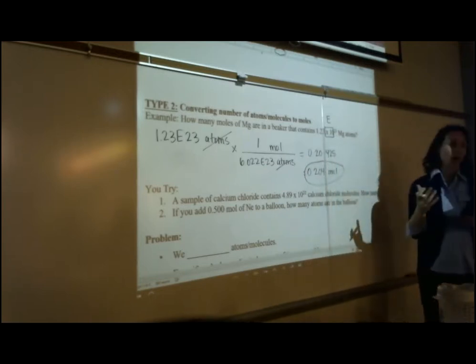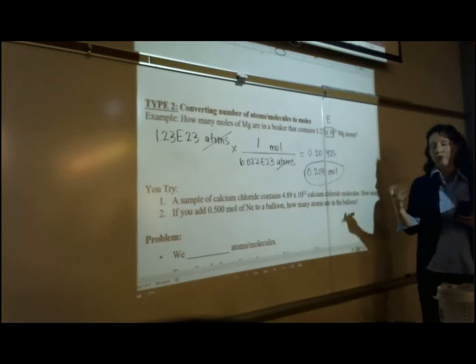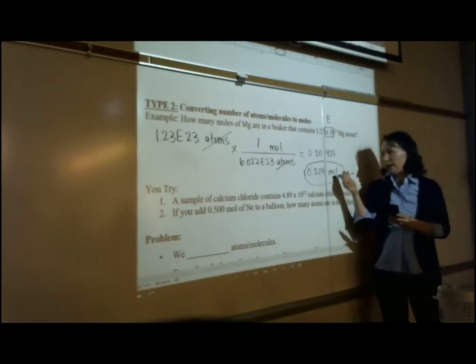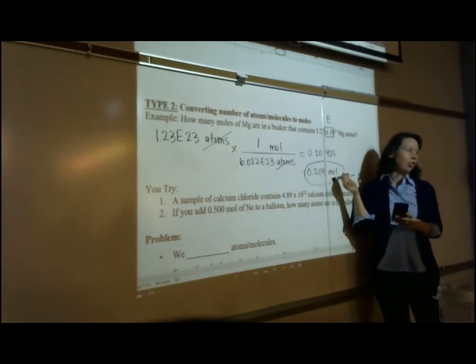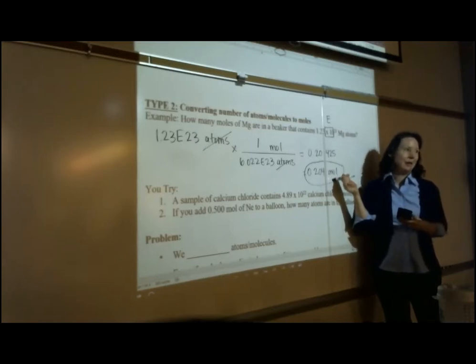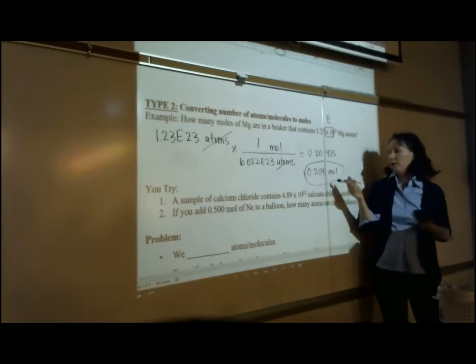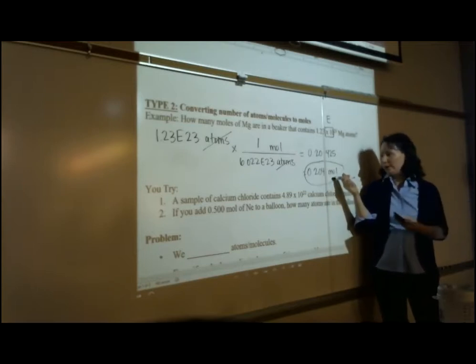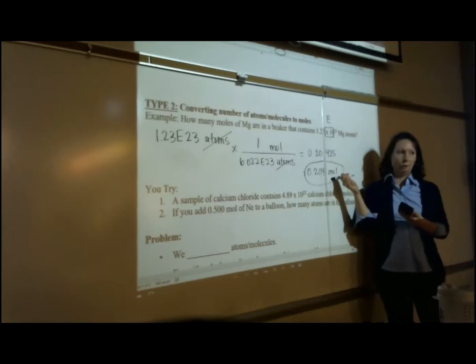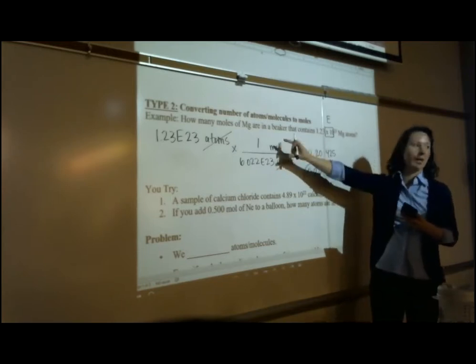Always ask yourself this question. If you're calculating number of moles, you should not get some answer with a giant exponent, like times 10 to the 50th. That would not make sense. You should get a relatively small number, like 0.5 or 1 or 10 or 3 or 0.001. If you get something with an exponent of times 10 to the 46th number of moles, you've got your conversion factor upside down.